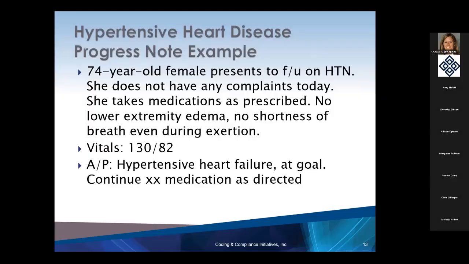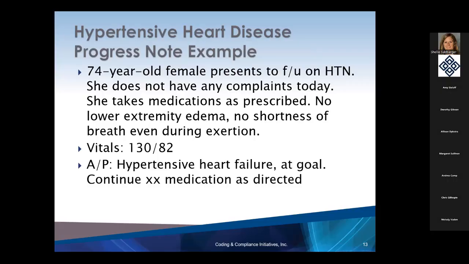So we have a 74-year-old female who presents to follow up on the hypertension, no complaints, takes medications as prescribed, no lower extremity edema, no shortness of breath, not even during exertion. Vital signs, 130/82. Our final diagnosis, hypertensive heart failure at goal, continue XYZ medications.